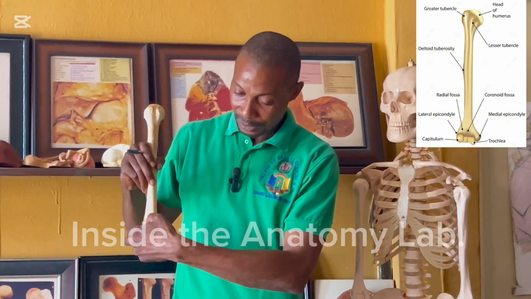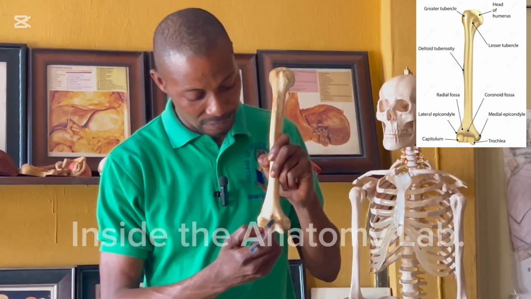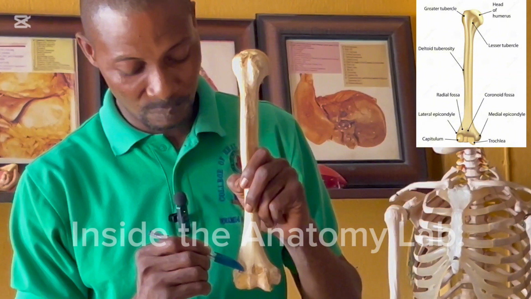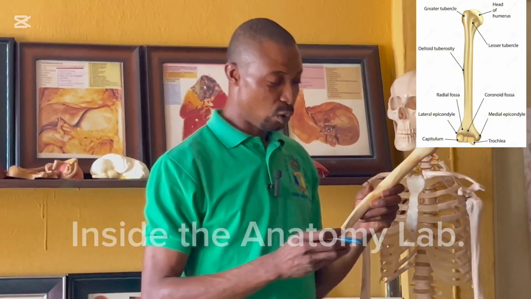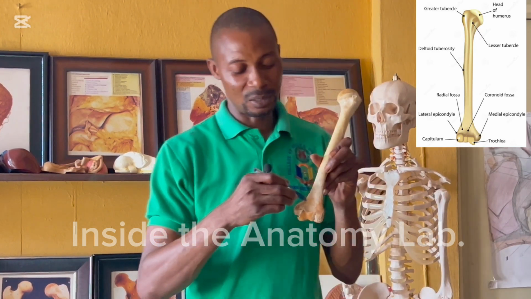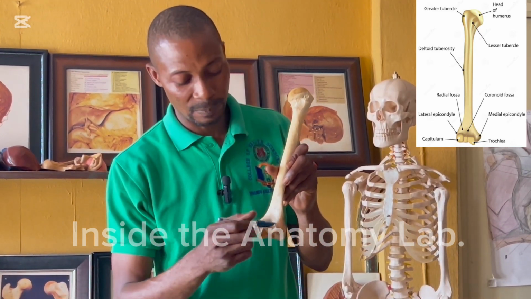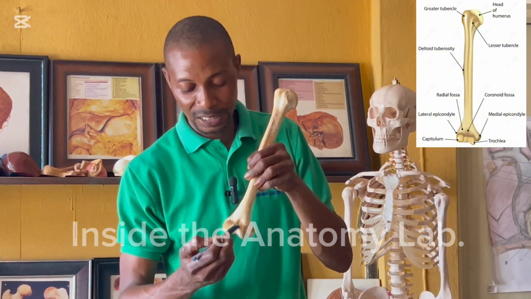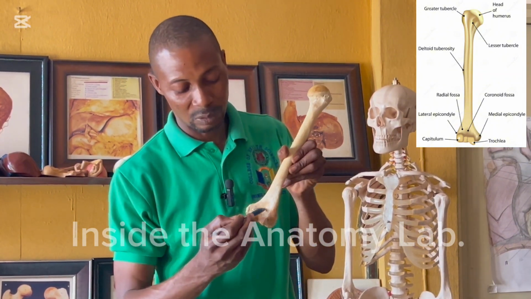Identify this A, and here is B. Identify this space here, and identify this space here in the comment section. Also, tell us what articulates to this olecranon fossa. Tell us in the comment section. That's 3 questions: identify A, B, and what articulates with C.